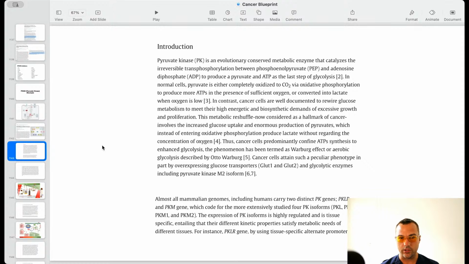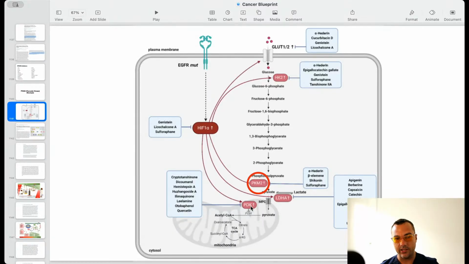In normal cells, pyruvate is either completely oxidized to CO2 via oxidative phosphorylation, which we talked about. It's going to get brought into the mitochondria, converted to acetyl-CoA via pyruvate dehydrogenase, and oxidized to CO2 in the oxidative phosphorylation system.